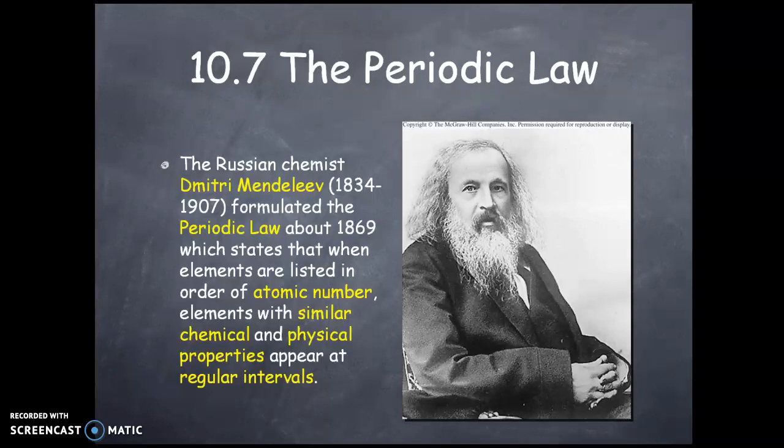In other words, at regular intervals, when they come under one another, they have similar physical and chemical properties. That's how they made sure that the periodic table is arranged. This is not like a regular table. It looks a little bit weird in shape because they wanted to make sure that if elements are under one column, they have similar physical and chemical properties.